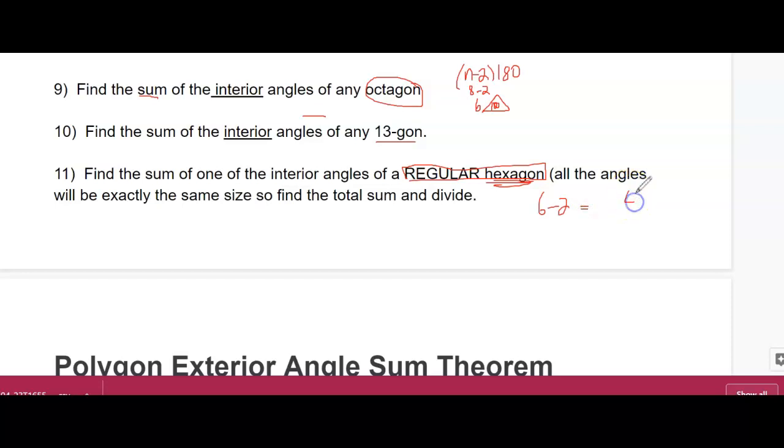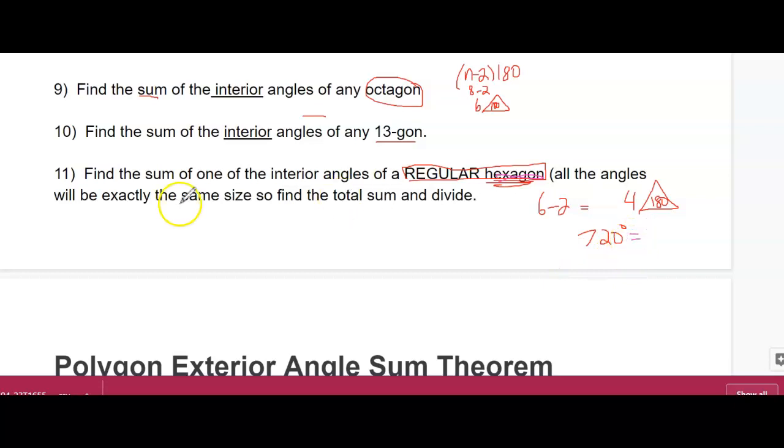Very good. So there are 4 triangles inside any hexagon, and each one is 180 degrees. So multiply 4 times 180. That gives me 720 degrees. So inside the hexagon, it's 720 degrees.